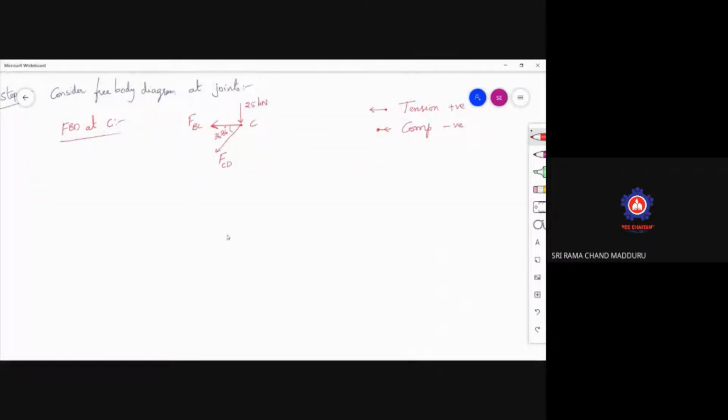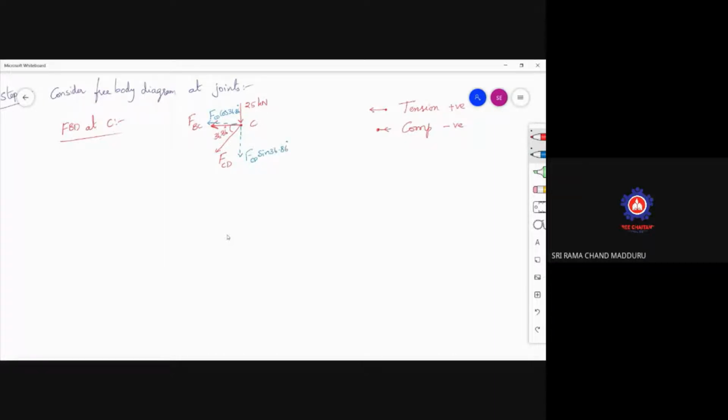Now, what do we need to do in this case? Just understand that FCD is not along either the X direction or the Y direction. Resolve the forces along the Y direction and, similarly, along the X direction. You might have studied how a force can be resolved along the X and Y axes. This adjacent side will be FCD cos 36.86, and this one will be FCD sine 36.86.